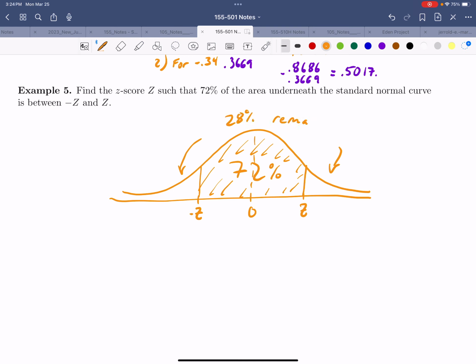So that means this is 14% here and 14% here. So it looks like this z-score corresponds to 86% of the data.